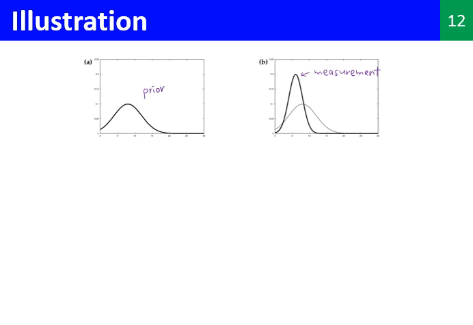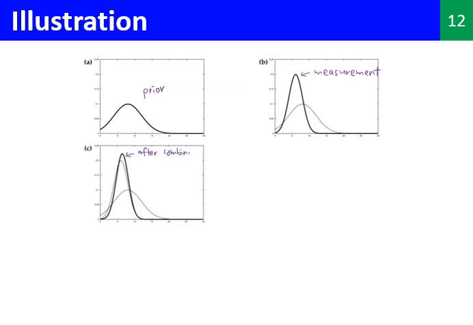In the correction step in the Kalman filter, we fuse these two together and obtain a better estimate as given by this dark Gaussian distribution. So this one is after combining prior and measurement.